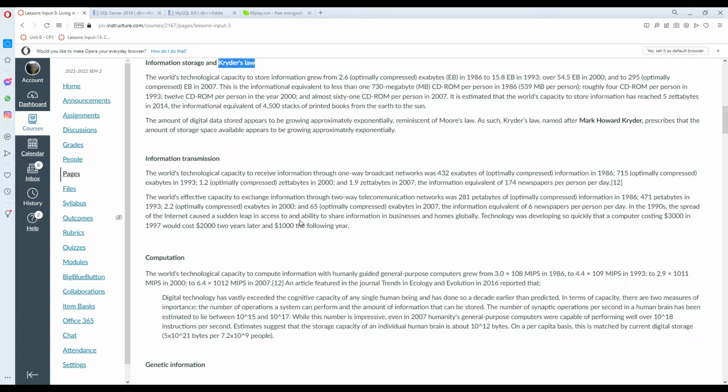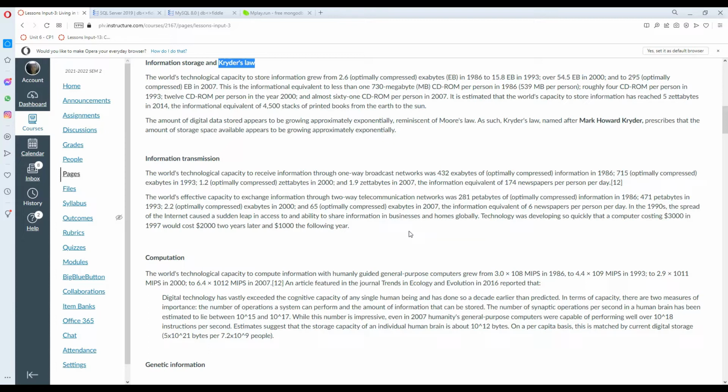The world's effective capacity to exchange information through two-way telecommunication networks was 281 petabytes in 1986, 471 in 1993, 2.2 exabytes in 2000, 65 exabytes in 2007. The information equivalent of 6 newspapers per day per person.